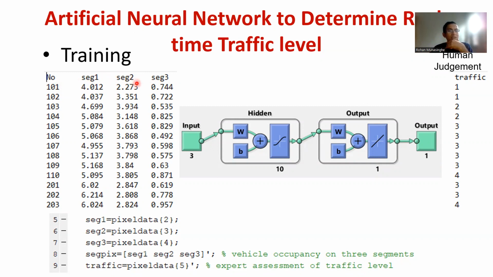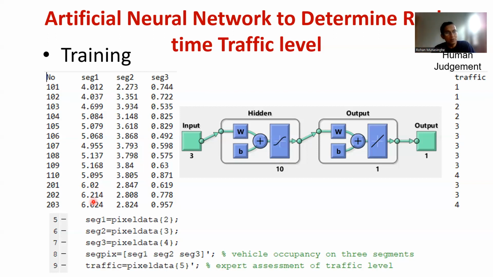And we normalize it to a certain range. Now you can see 4 point something, 5 point something, and 6 point something, to a certain range, segment 1, segment 2, and segment 3. As you know, segment 3 is anyway small because it's far. Segment 1 generates a lot of edges because it's close by.